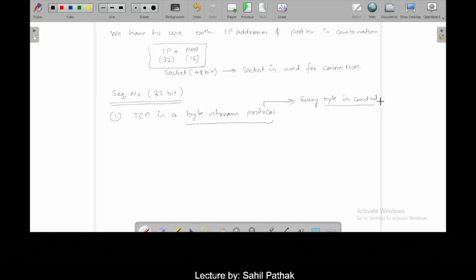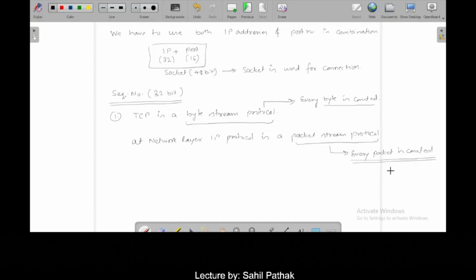So whatever byte is coming from the application layer to the transport layer, we will assign a number to it. Just as TCP is a byte stream protocol, at the network layer the IP protocol is a packet stream protocol, which means every packet is counted. How are we going to count every packet?